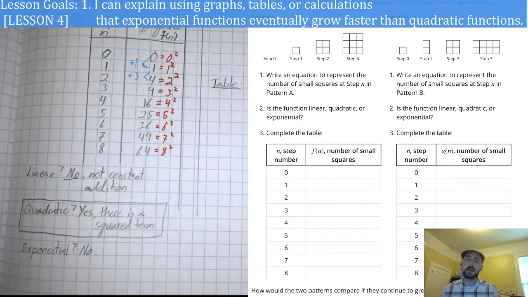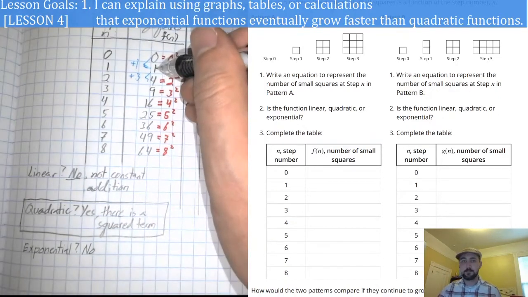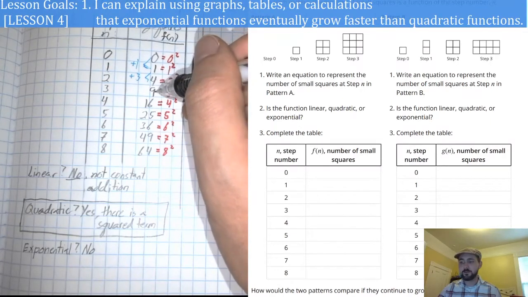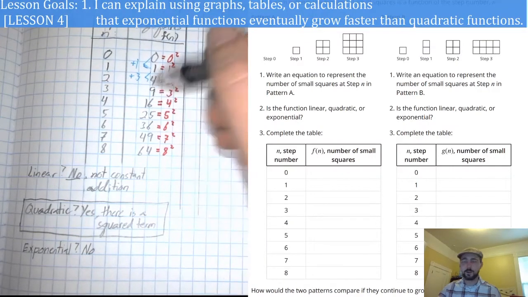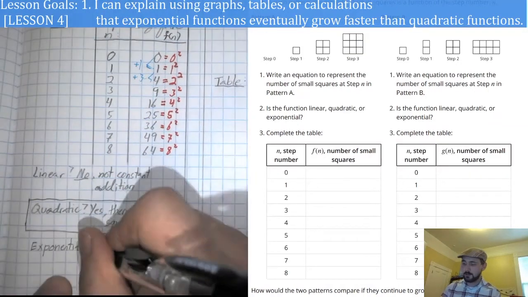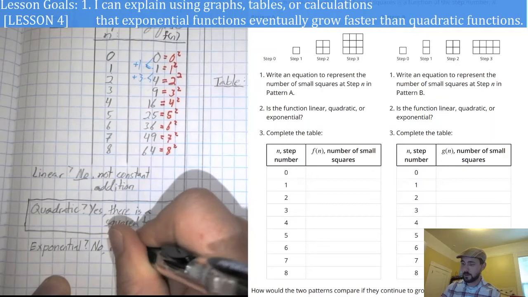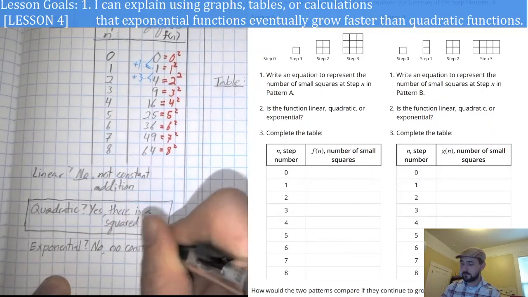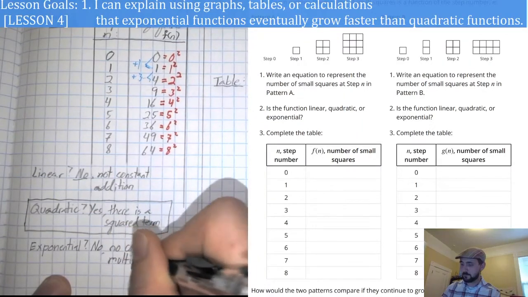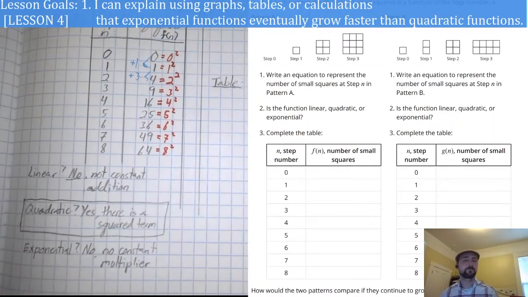Like, are we multiplying by 2 or 3 or 4 or whatever? And the answer is quickly no, right? To get from 1 to 4, we'd need to multiply by 4. But 4 times 4 is not 9, it's 16, so the jump doesn't work. So there's no constant multiplier to get from one number to the next. So it is quadratic, it's not linear or exponential.